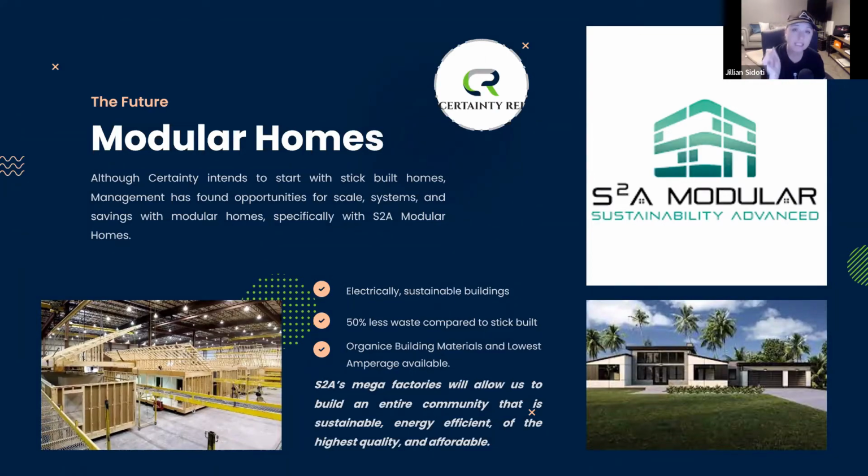And not only that, it's going to save us even more money than the $157,000 per unit. We're going to spend even less. This company has a mega factory where they can prefab all of our buildings. It's going to be spectacular. We can't wait to start implementing this in some of our builds.